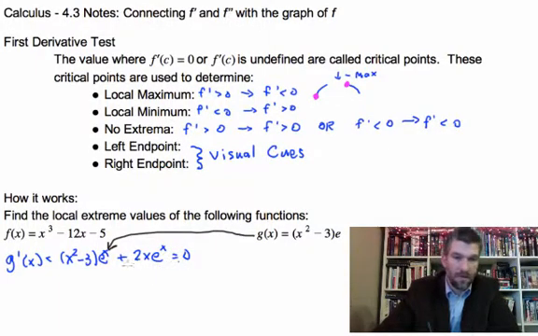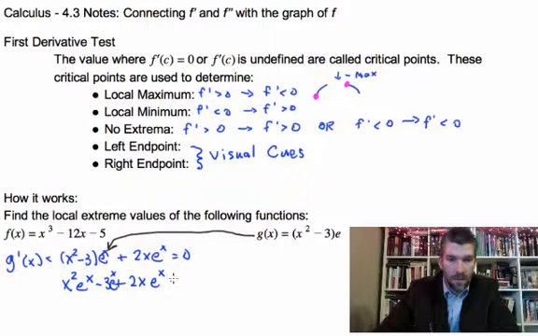And to solve this out, let's see, will anything work here? I've got x squared e to the x minus 3 e to the x plus 2x e to the x, and all of that equals 0.